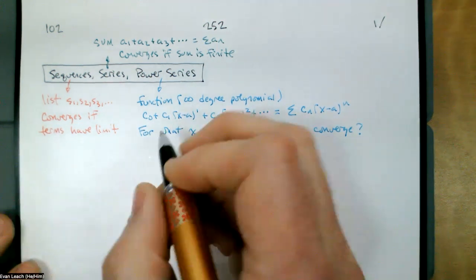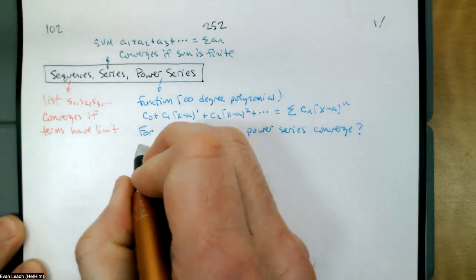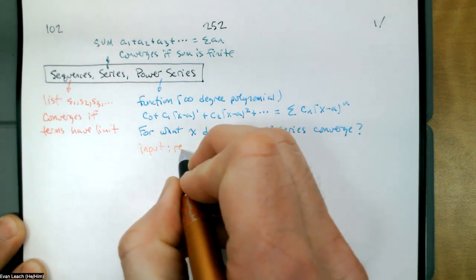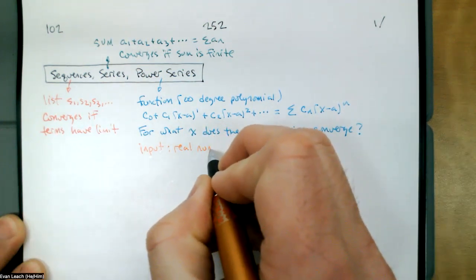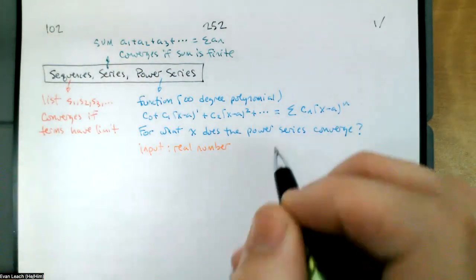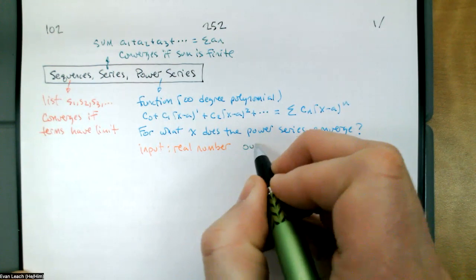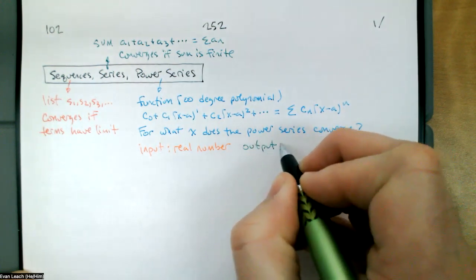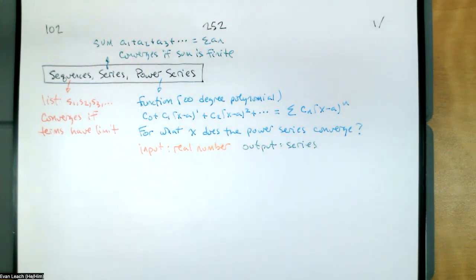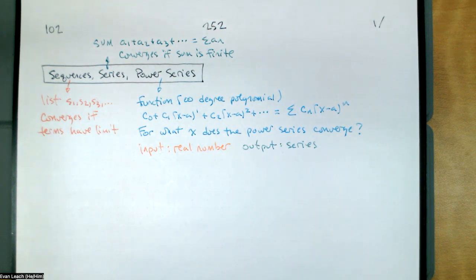So in a power series, we take as an input a real number, and the output will be a series. And the question that we have is, for what real numbers do we get a convergent series?